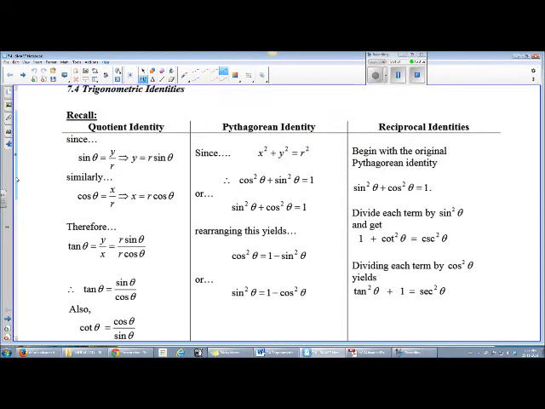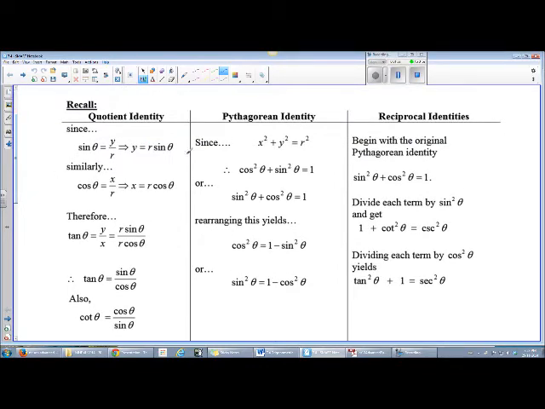Now moving along to the Pythagorean identity, we know that the Pythagorean theorem is x squared plus y squared equals r squared, which is also the formula for a circle centered at the origin. And we know that y is equal to r sine theta, and x is r cosine theta.